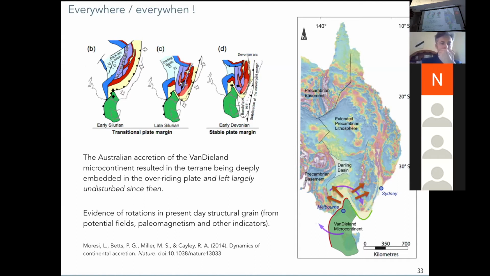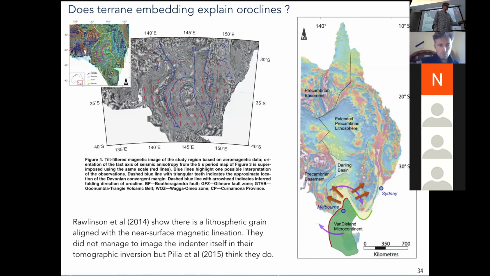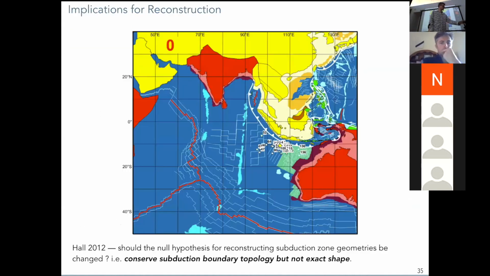So the models that I've showed you are sort of inspired by the original drawings that Ross Cayley had done, plus some of those initial things. We wrote this up. It's been quite well received, I think, and seems to stand the test of time in terms of broad scale observations. Not clear that we can interpret more than broad scale, but yeah, that's why we're here, to kind of put our reputations on the line in that respect.